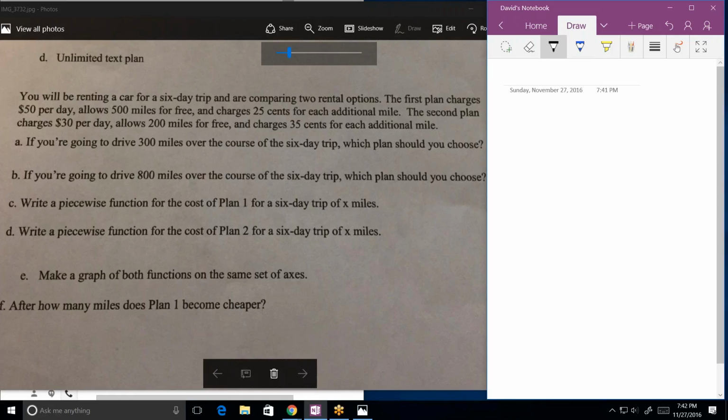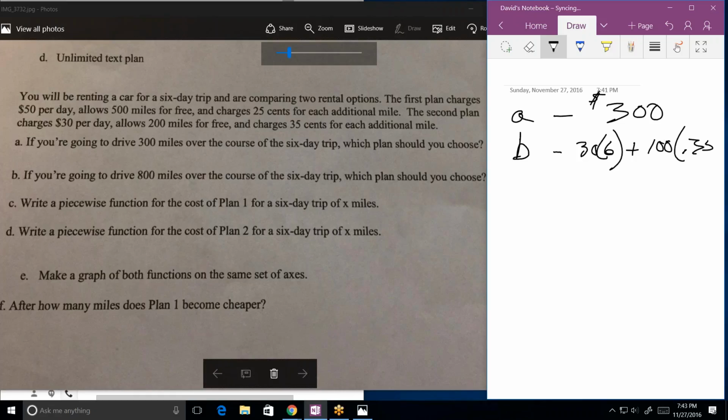So it's 300 for plan A. Plan B would be 30 times 6, plus 100 times 0.35.